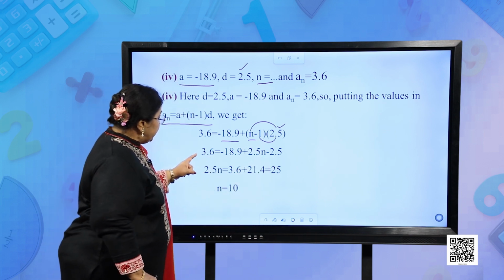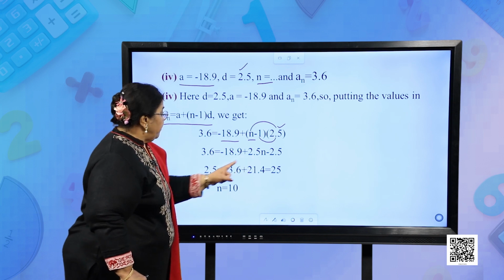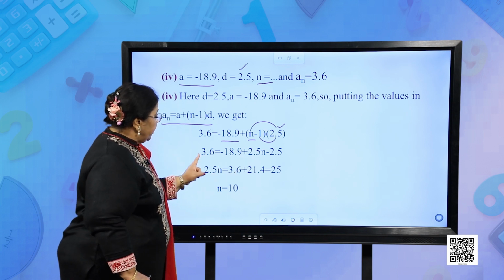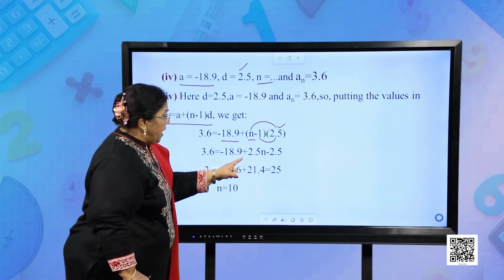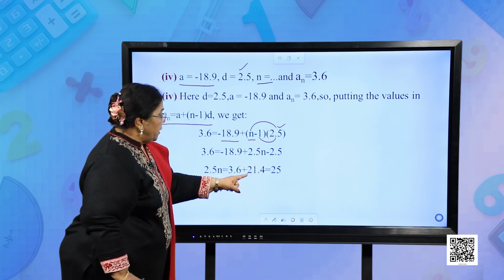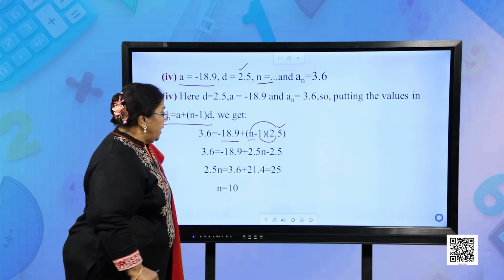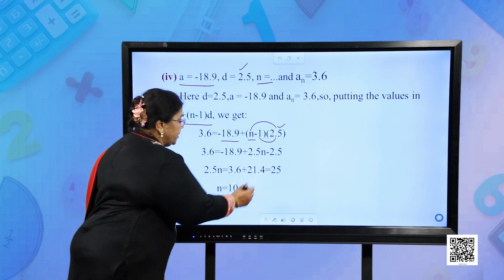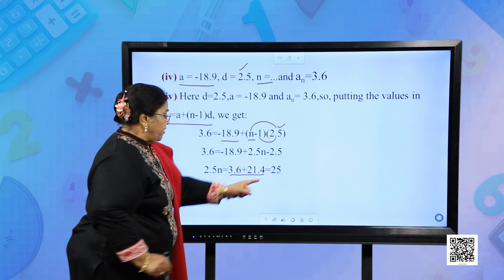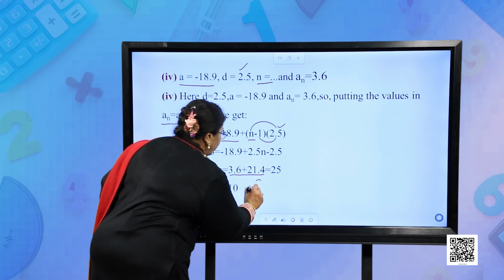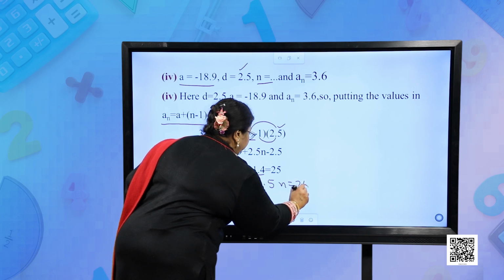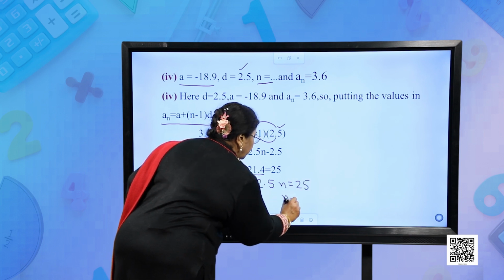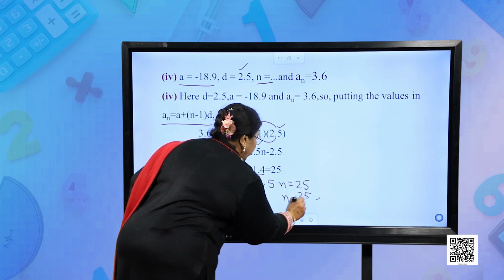Now, we can see here 2.5 into n can be written as 3.6 plus 18.9 plus 2.5, which can be written as 25 on adding. So, I will get 2.5 n is equal to 25, or n is equal to 25 divided by 2.5.